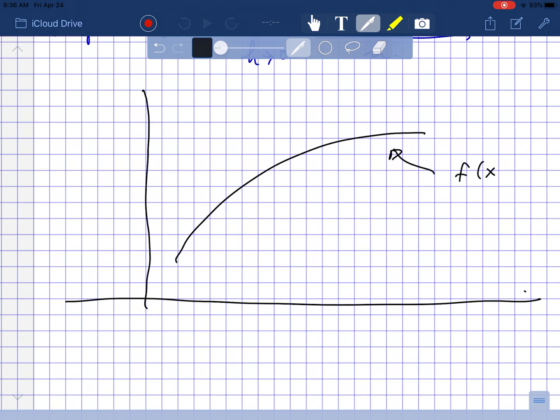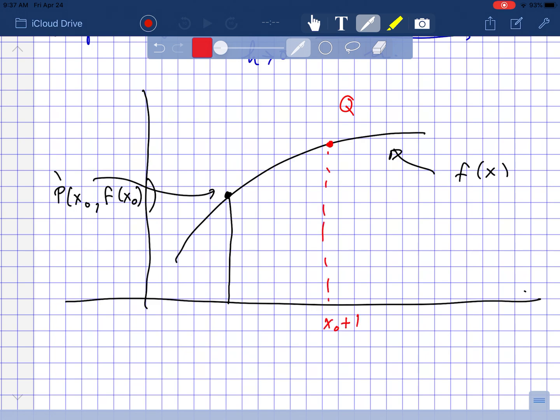This is the graph of some function f of x. Here I have a point P, and it has the coordinates x sub naught, comma, f of x sub naught. And then I'm going to look at a point out here. This is Q.